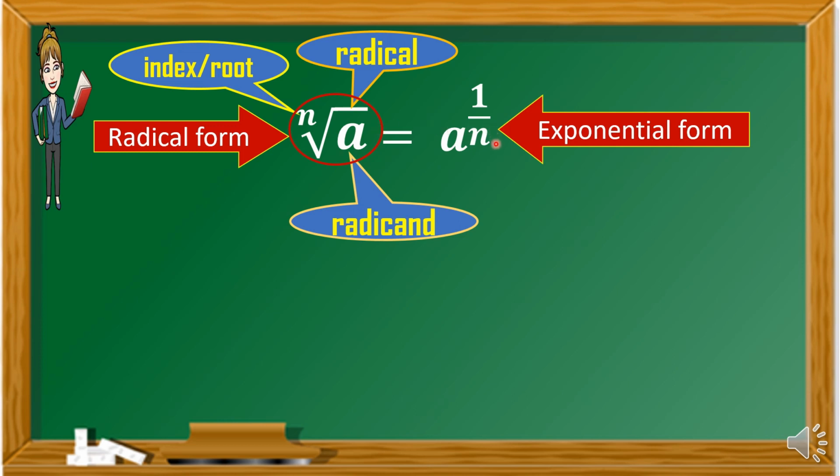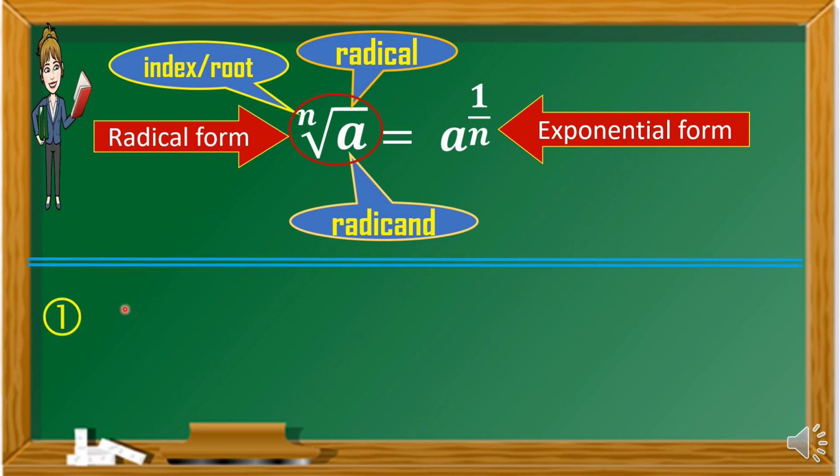At the same time, yung ating exponent na denominator dito sa exponential form ay yung ating index dito kay radical form. Okay po? So now let us recall also how to rewrite radical expression into exponential form or vice versa, exponential expression into radical form.